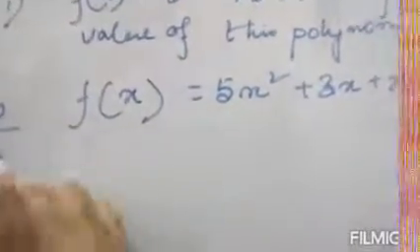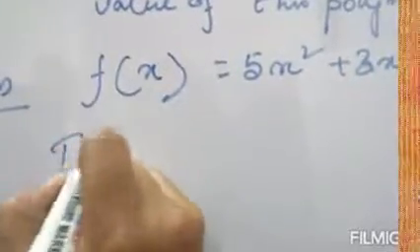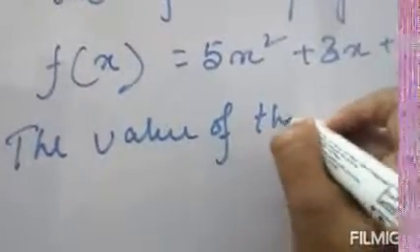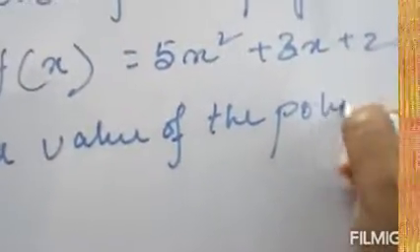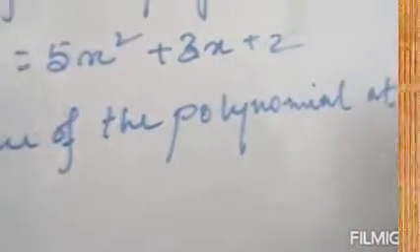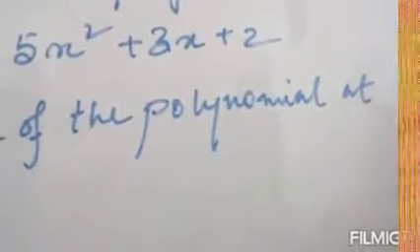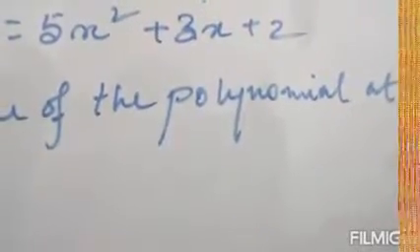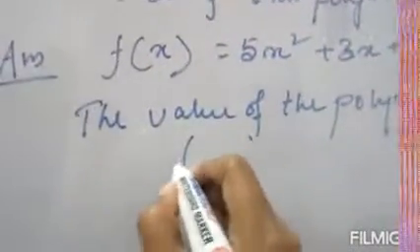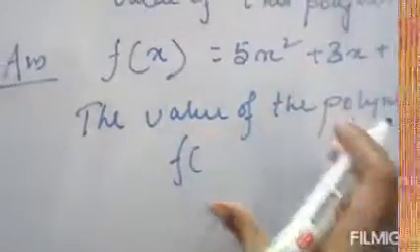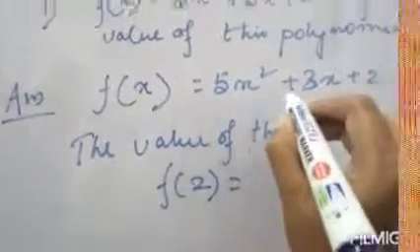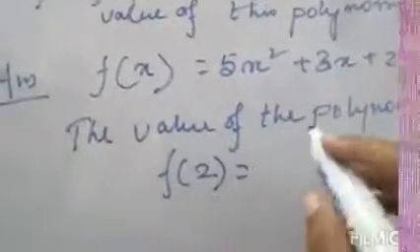So we will write the value of the polynomial at x is equal to 2: f(2), instead of x I will write 2. Wherever x is written, I'll just put 2 in place of it.